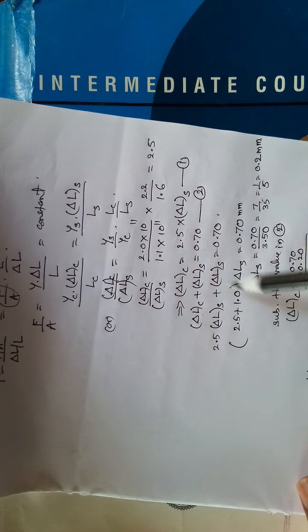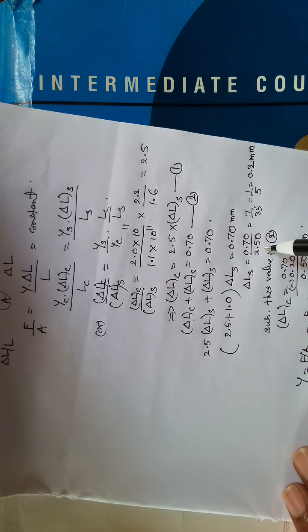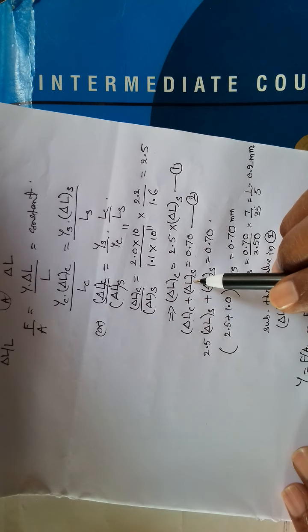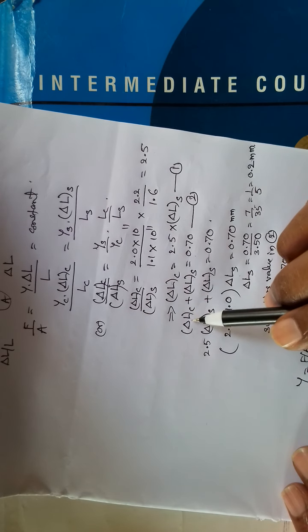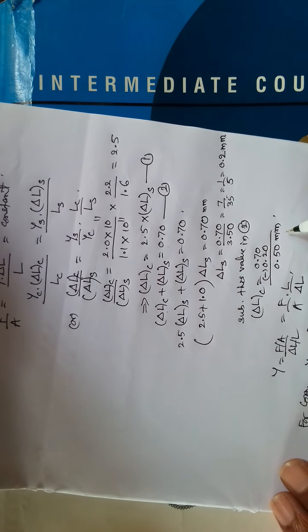So 2.5 plus 1 becomes 3.5, and that is taken to this side, and so you get the elongation in steel wire as 0.2 mm. Substituting this value in this, you can get the elongation of copper, and that is 0.50 mm.